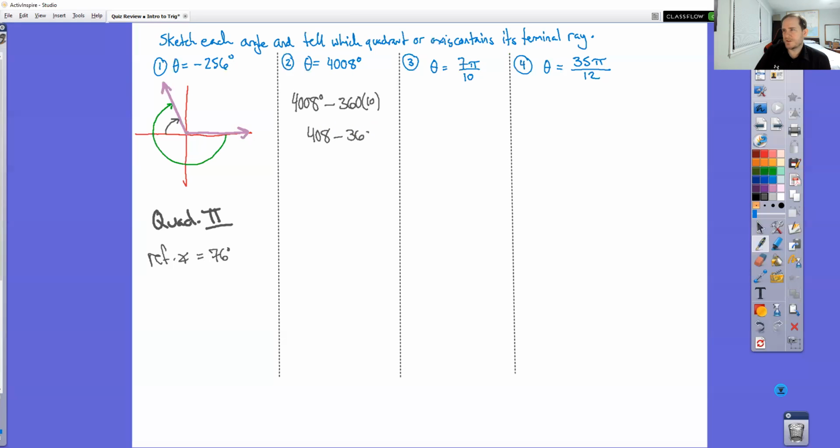But we see we can subtract away 360 from that one more time to be left with 48. So to draw this angle, and you know, I conceded in class that this was a mistake on my part to ask you to draw this, but you have to draw 11 spirals because we're taking away 360 11 times, so we should go around 11 times and then just an extra 48.